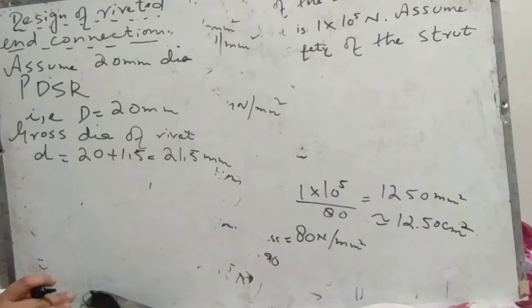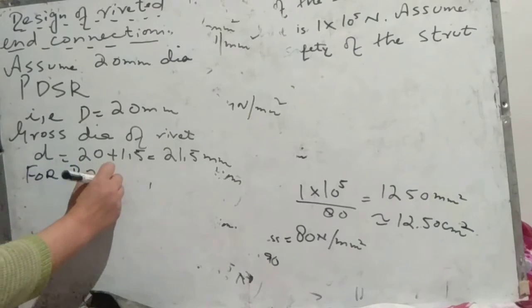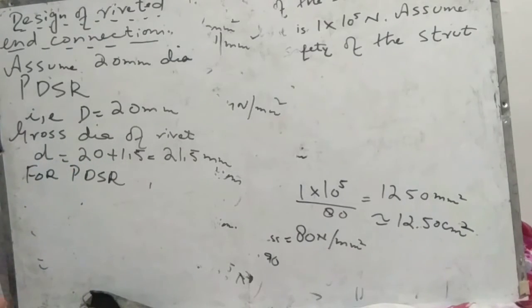So your gross dia will come out as 21.5 mm. So for power driven shop rivets, these values you have to remember.